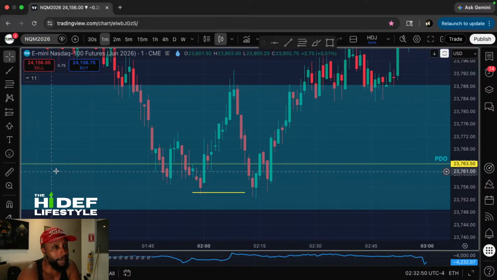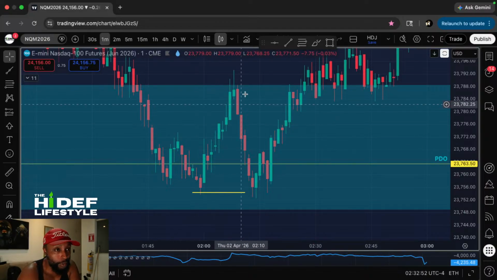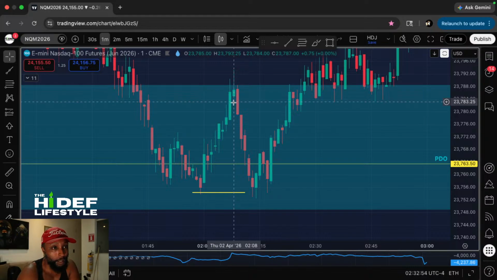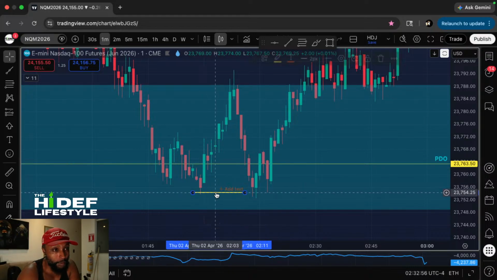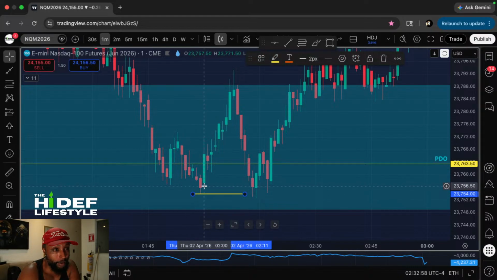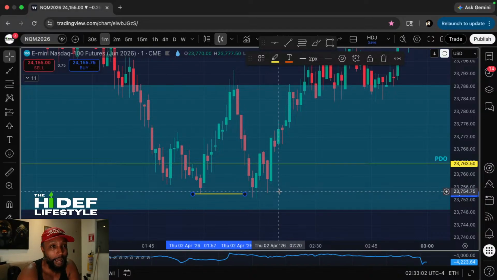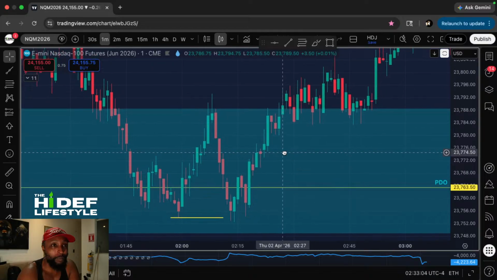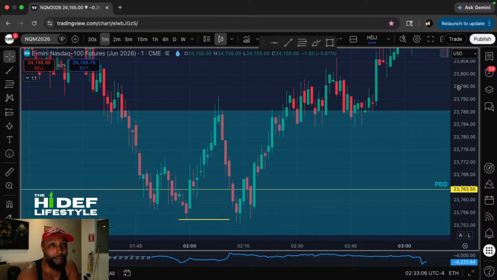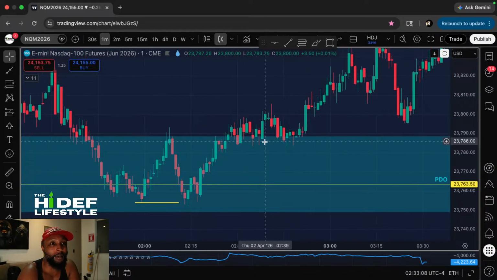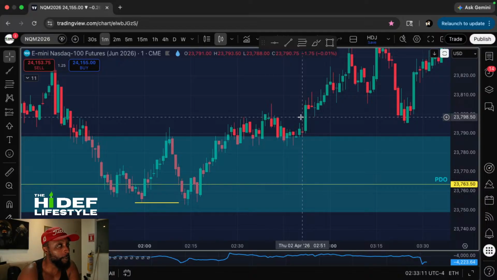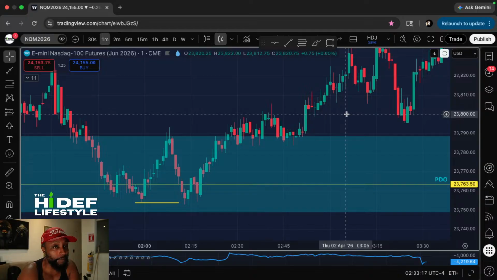So it's the same thing, everybody. Push to the upside, we come down, we sweep this liquidity level right here on the 1 minute time frame. And look what happens. Boom. We push to the upside. And this was a nice push actually yesterday. Today's push didn't follow through as much, but yesterday it kept going pretty nicely.